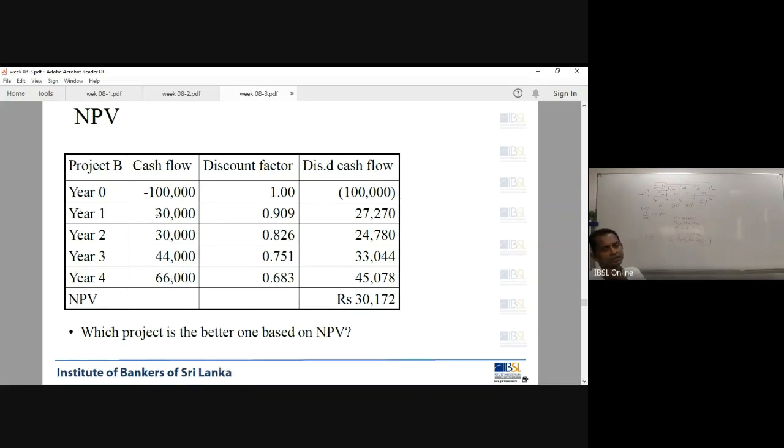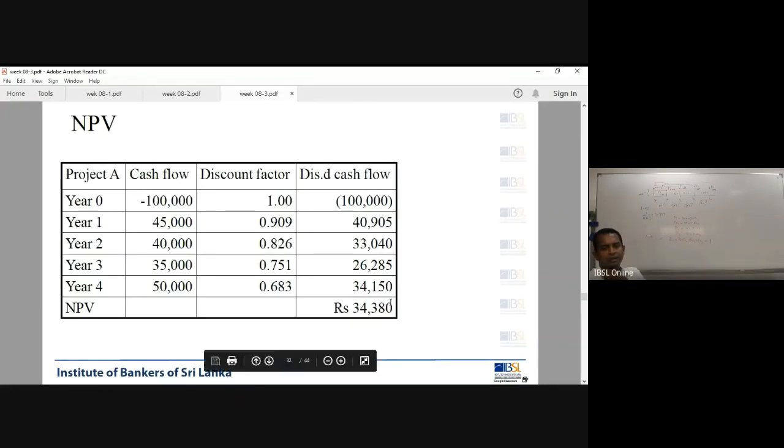Similarly, you do the same thing for project B. This is the cash flow for that project. These are the future expected cash flows. Then you have the discounting factors, similar things. Then these are the present values of these future values. So when you add up all these things, you get 30,000, whereas for the previous one you got 34,000.